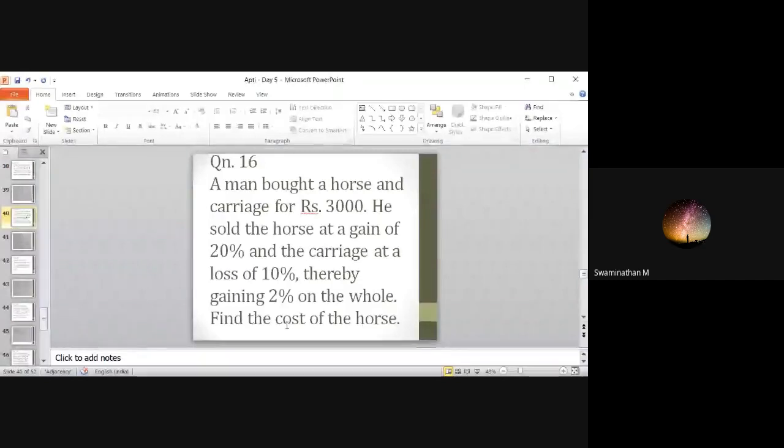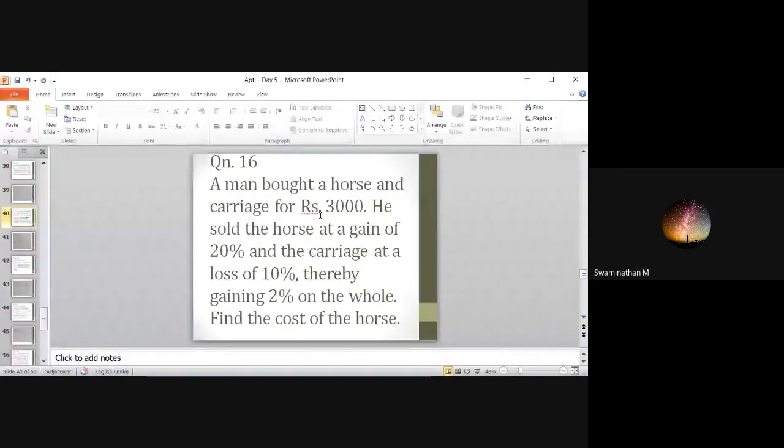So assume the cost of the horse as X. So the carriage cost price would be 3,000 minus X. You have to find the profit.